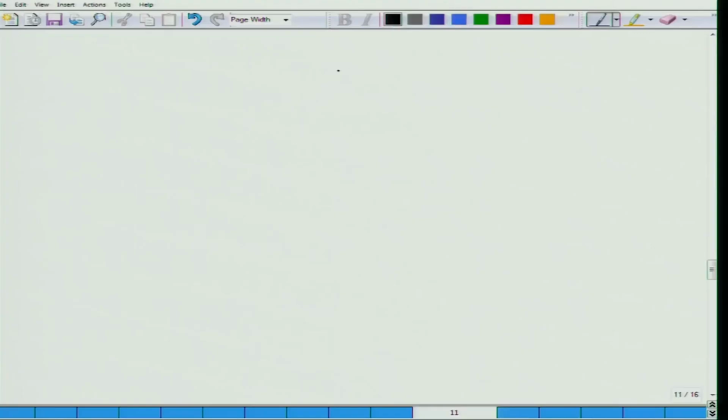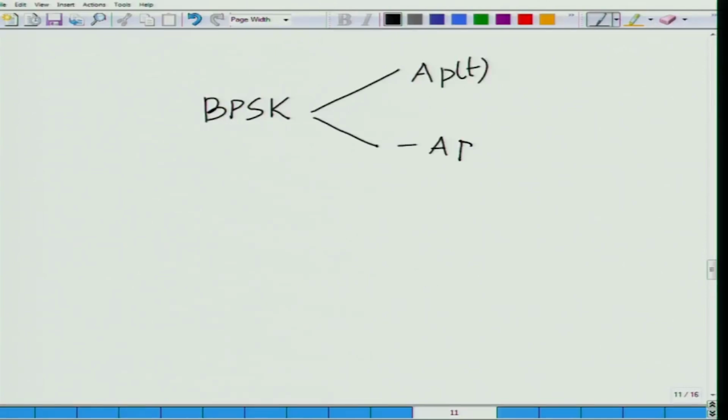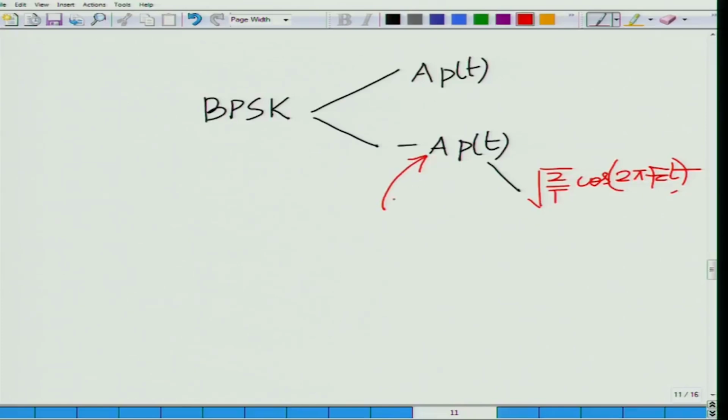So, in this BPSK we are employing two waveforms, A times p(t) and minus A times p(t), where p(t) equals square root of 2 over T cosine 2 pi fc t, and A is square root of Eb.